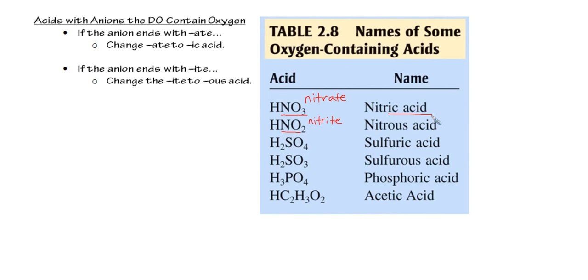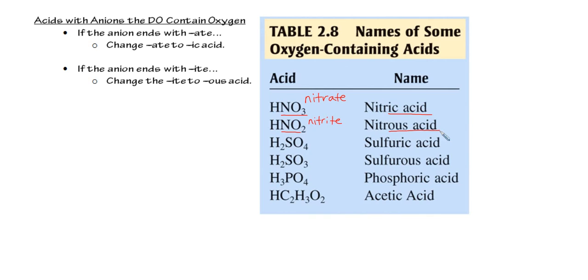So again, this is probably something that you're familiar with. Nitric acid. We use nitric acid quite a bit. If I have the ITE, the nitrite, hydrogen nitrite, now ITE turns to OUS. So now that becomes nitrous acid. Okay. So this pattern continues for a lot of these acids.